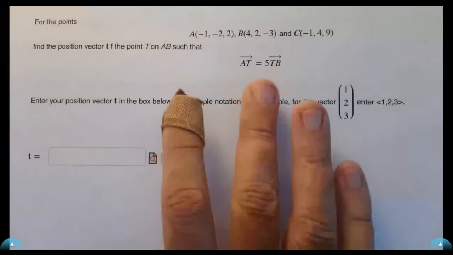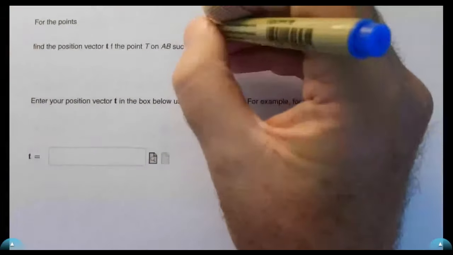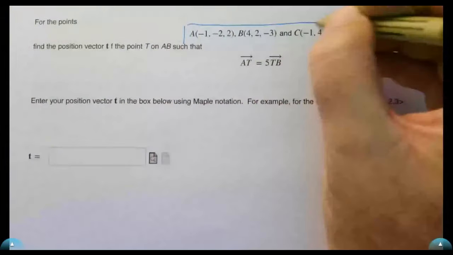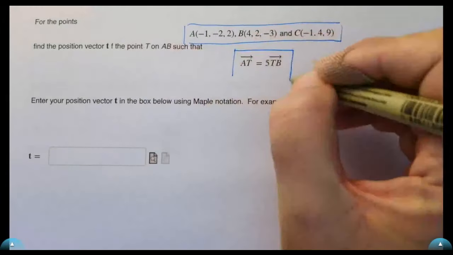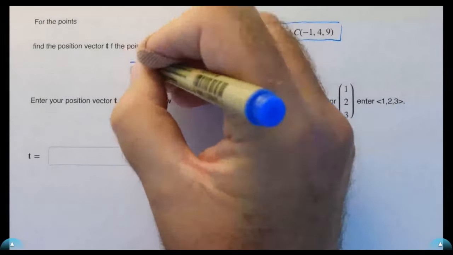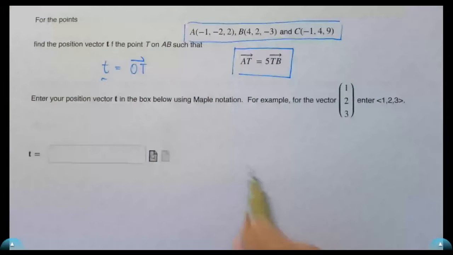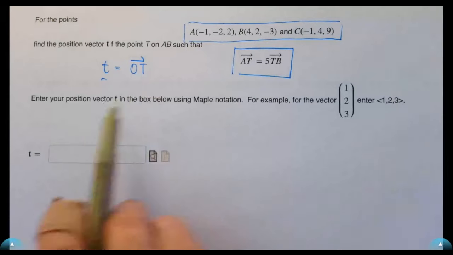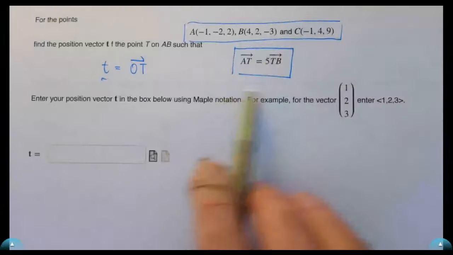All right, classic example. We've seen these kinds of problems in lectures. You've probably seen them in your course pack and tutorial questions. You've got 3 points, and then you are asked to compute the position vector of a point T. And that point T lies between the point A and B such that this holds.